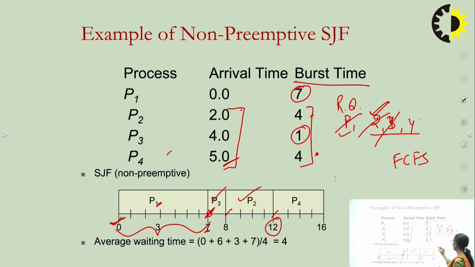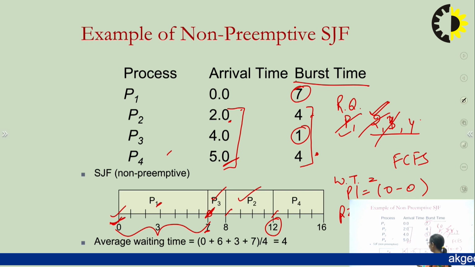How are we going to calculate the waiting time? In the case of P1, its arrival time is 0 and if you look at the Gantt chart, it has been allocated the processor immediately, so no waiting time in this case. In the case of P2, the arrival time is 2 and it has been given the processor at time 8.